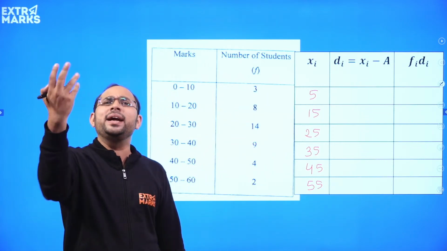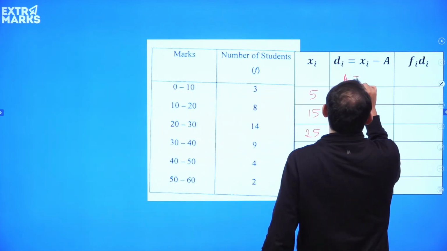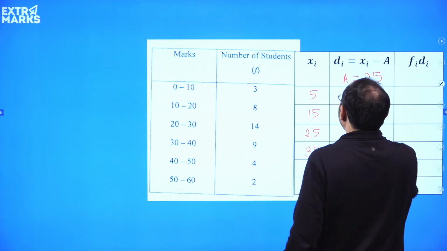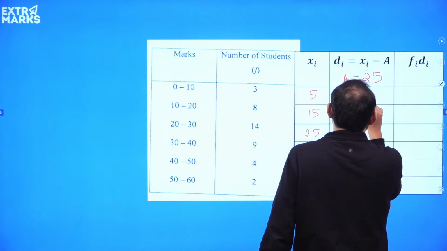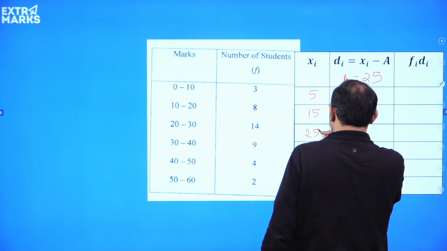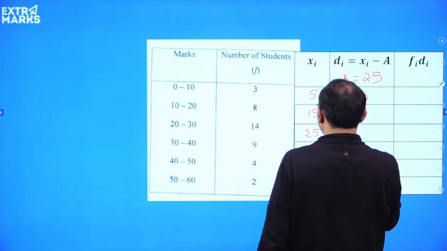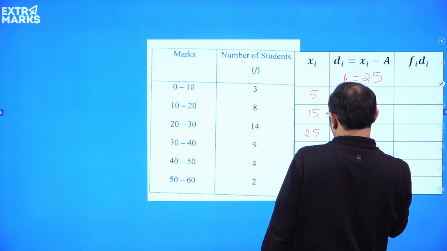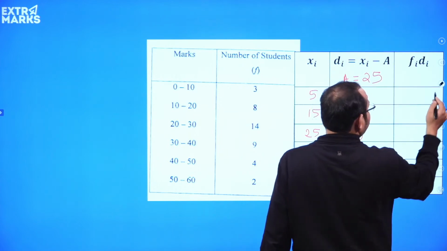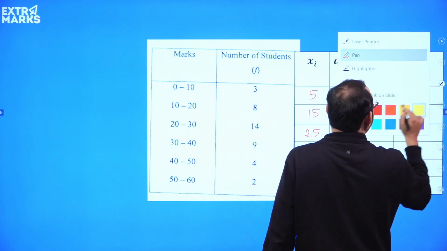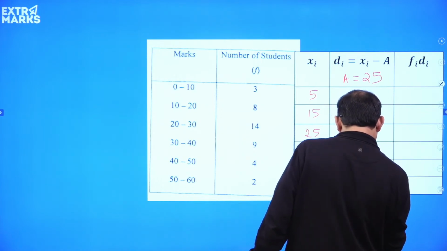I am assuming 25. As soon as I assume 25 as mean, I am assuming a being 25. So xi minus a will be minus 20, minus 10, then 0, and then 10, 20, 30.